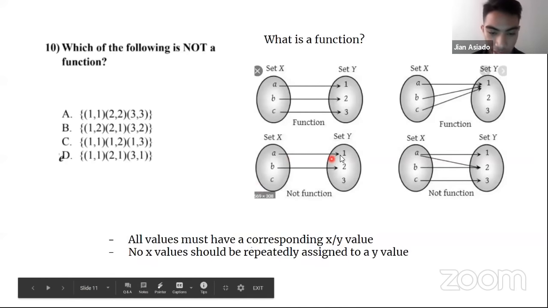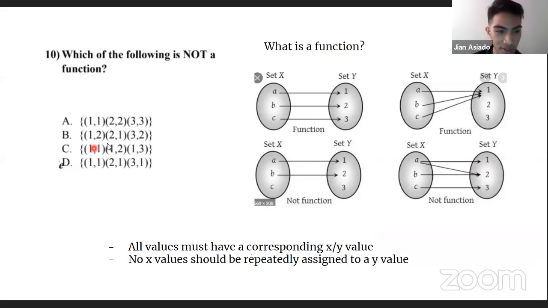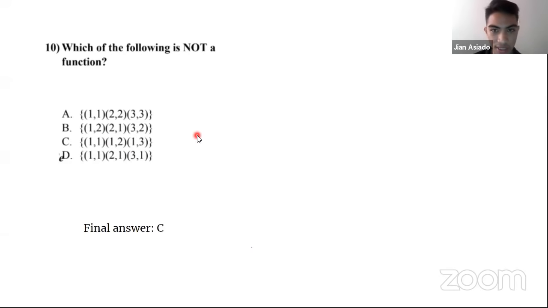Tapos no X value should be repeatedly assigned to a Y value. Okay, so tulad nito, hindi pwede si A kay 1 at 2. So okay, looking here, ang tanong, which of the following is not a function, no? So ang answer dyan, since umulit dito si 1, final answer is C.